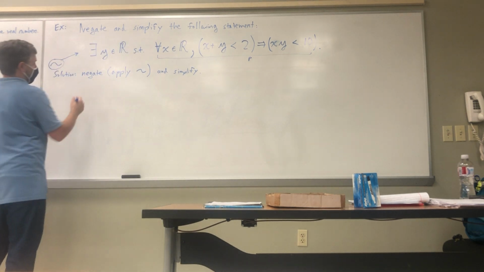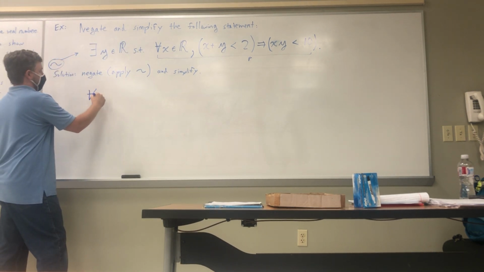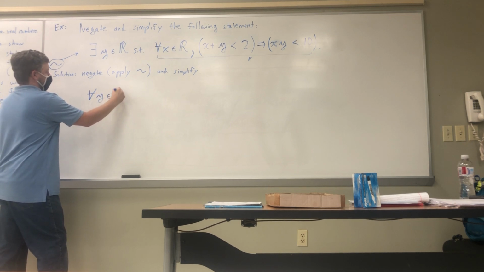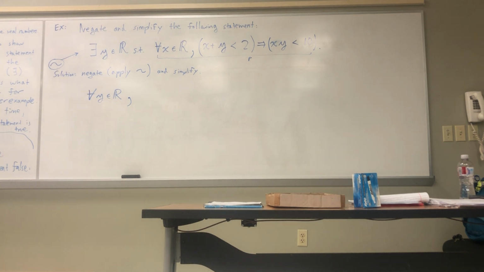So the answer looks like: change the there exists to a for all, change the such that to a comma, and then this is equivalent to... I haven't really done anything. I'm just negating the whole statement. That'll simplify after that.